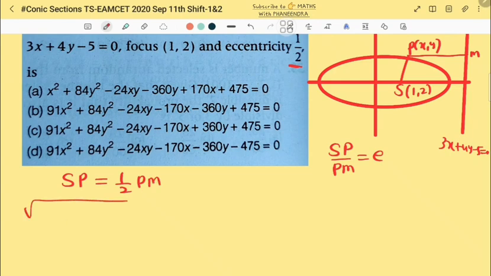SP means the distance: square root of x minus 1 whole square plus y minus 2 whole square equal to 1 by 2 into PM, the perpendicular distance from the directrix, so mod 3x plus 4y minus 5 by root of 25.